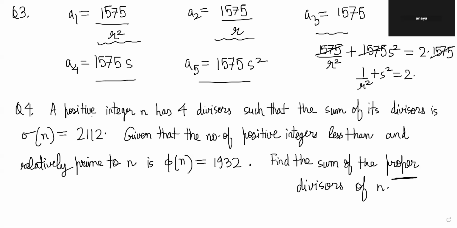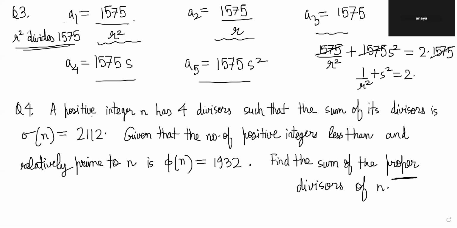Now let's see if there is any other information. So far, it doesn't seem like there is any other information. So 1 by R square plus 1 by S square is 2. We know some information, like we know that R square, for example, divides 1575, because all of them are integers.